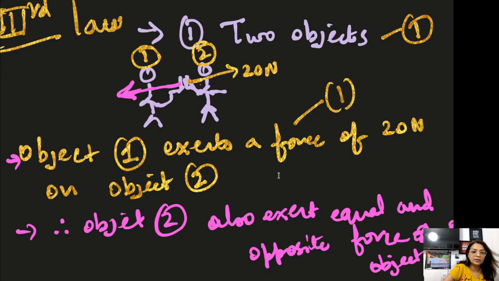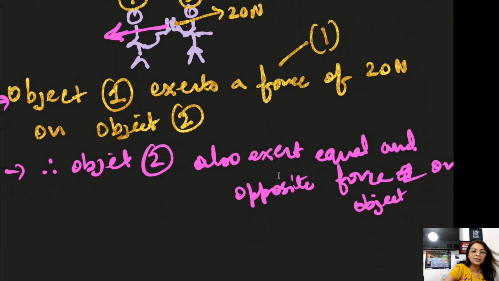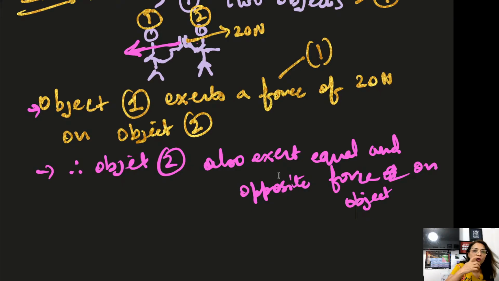Type in the chat. Object 1. Well done. Okay. Now please do not use phrases like "when a force acts, there is an equal and opposite reaction."